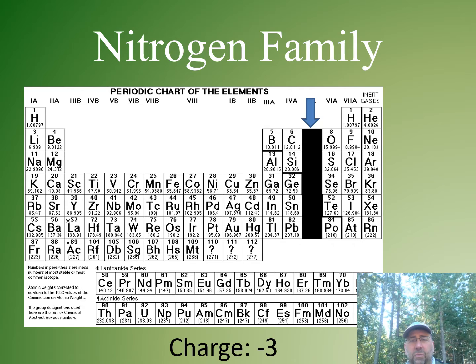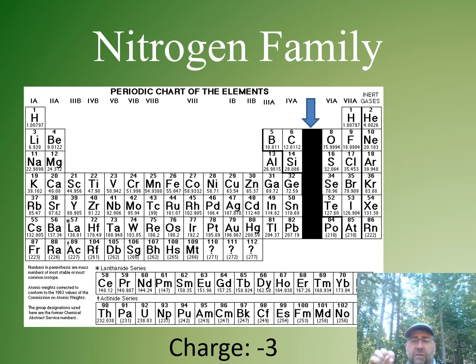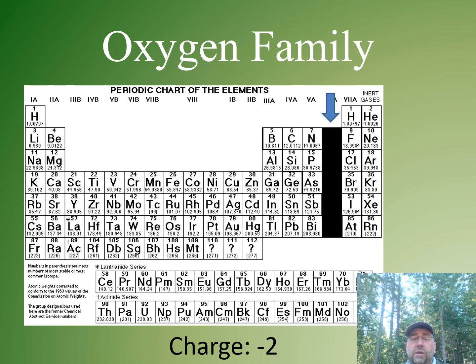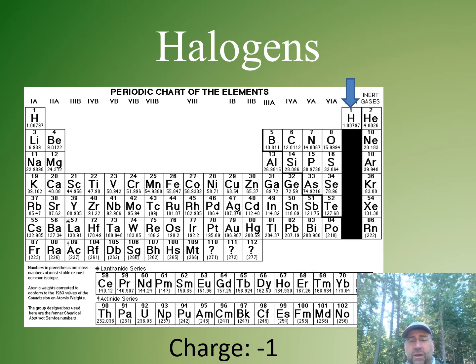The nitrogen family will take on a negative 3 charge because there are 5 valence electrons. It's easier to gain 3 than to lose all 5. The oxygen family has a negative 2 charge because they have 6 valence electrons, and 2 more gets to 8. The halogen family has a negative 1 charge because they have 7 valence electrons.